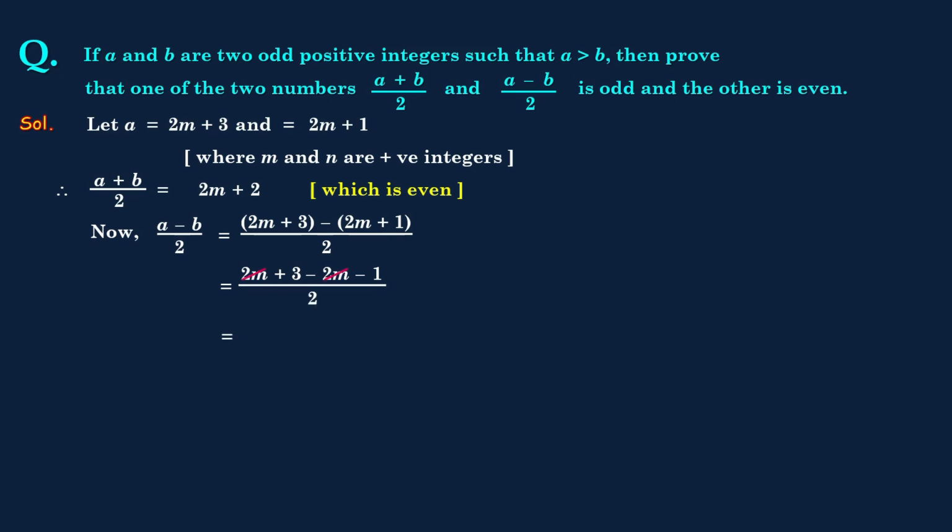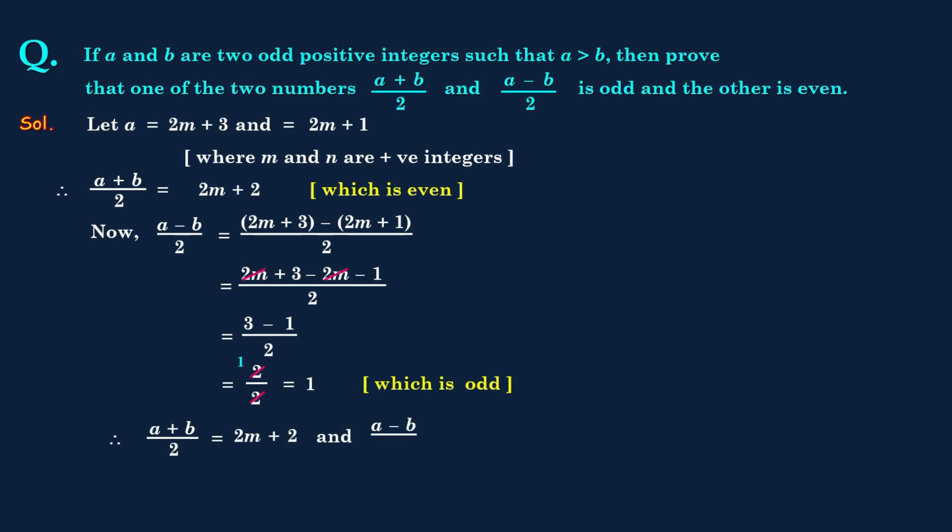Now 2m will be cancelled. Now (3 minus 1)/2 is 2/2, which is equal to 1, and we know that 1 is an odd number. So (A plus B)/2 is 2m plus 2, which is even, and (A minus B)/2 is equal to 1, which is odd. So what we got is that one of them is odd and the other one is even.